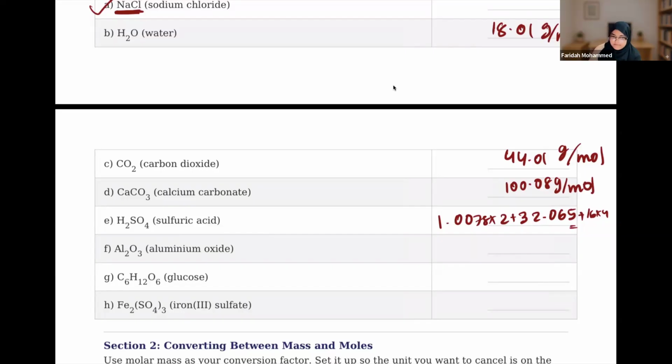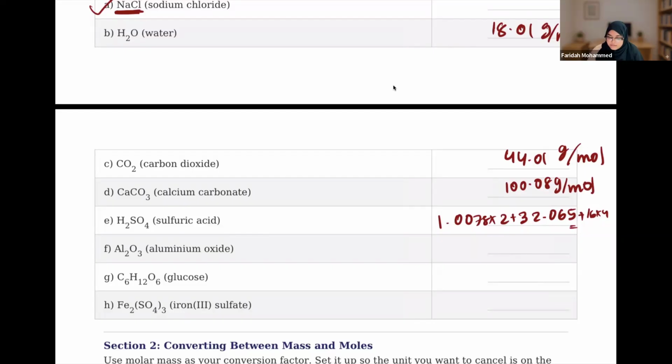What you got? Are you still getting 100? Okay, let's do it together. 1.0078 times 2 plus 32.065 plus 16 times 4. What do you get? Oh, wait, I thought the 32 was a 34.